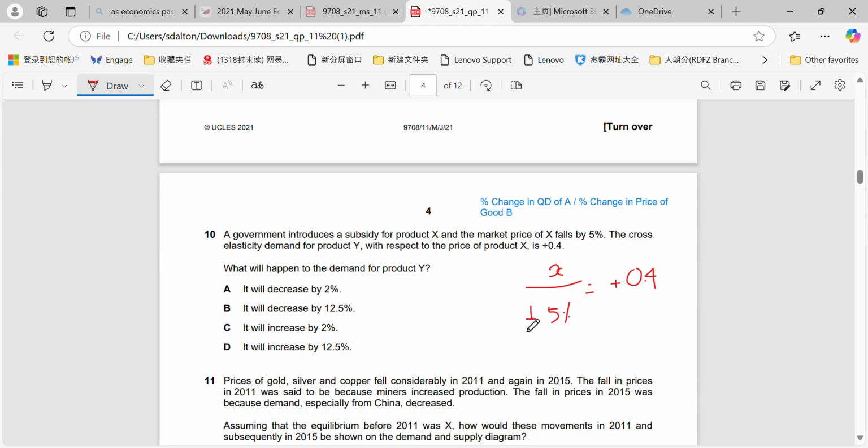So if the price is dropping, because they're a plus, this means that the quantity here has to also go down. Right? So the increase can be taken out, and for X divided by 5 to be 0.4, X would have to be 2%, so it would have to decrease by 2%.